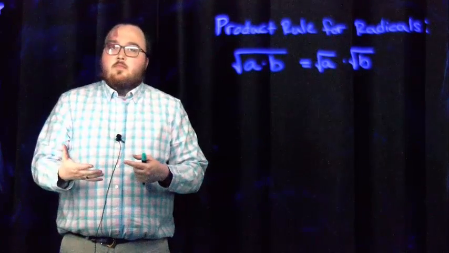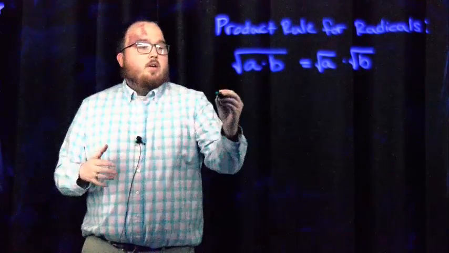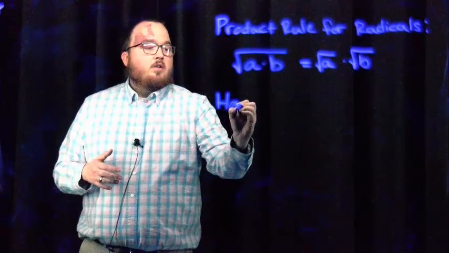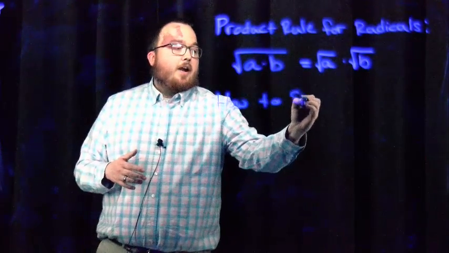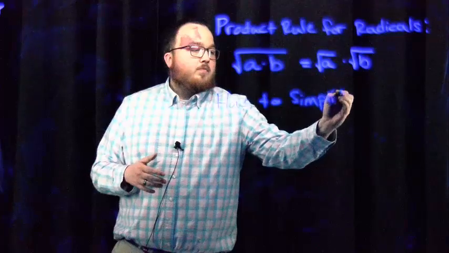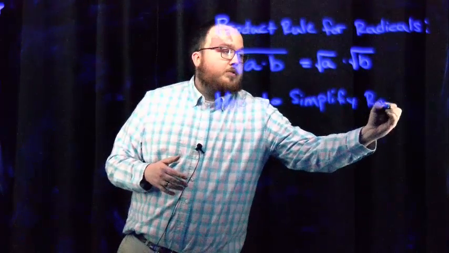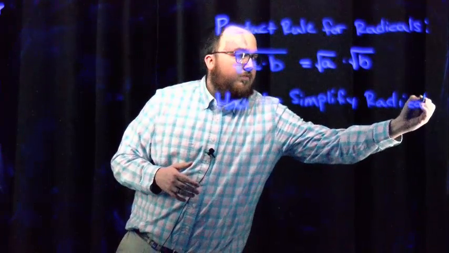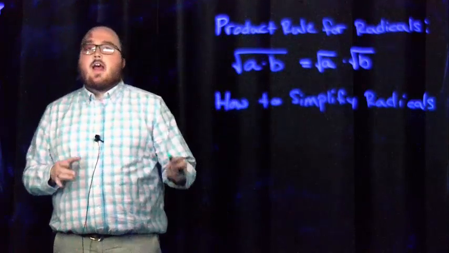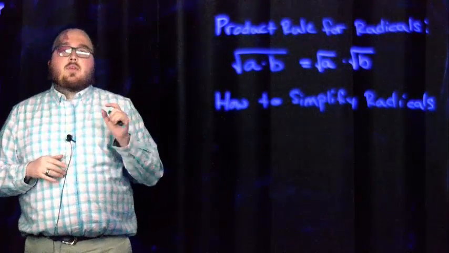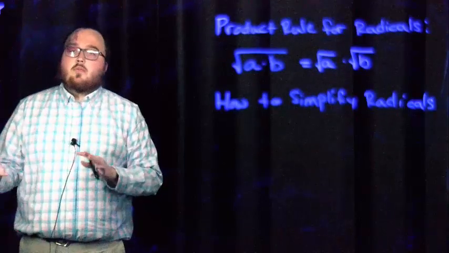square. Okay? So this is how to simplify some radicals. Again, I do this if what I have inside of my square root is not a perfect square.